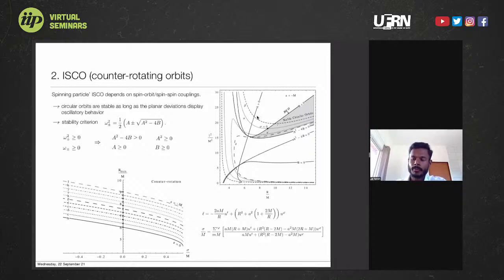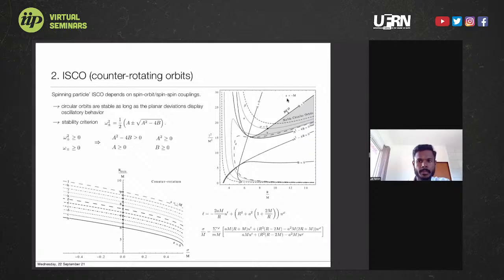While it is passing through b equal to 0, the corresponding radius gives the radius of the ISCO. Therefore, by collecting the boundary of the line b equal to 0 and a squared minus 4b equal to 0, we can obtain the radius of the ISCO as a function of the particle spin, as shown here.